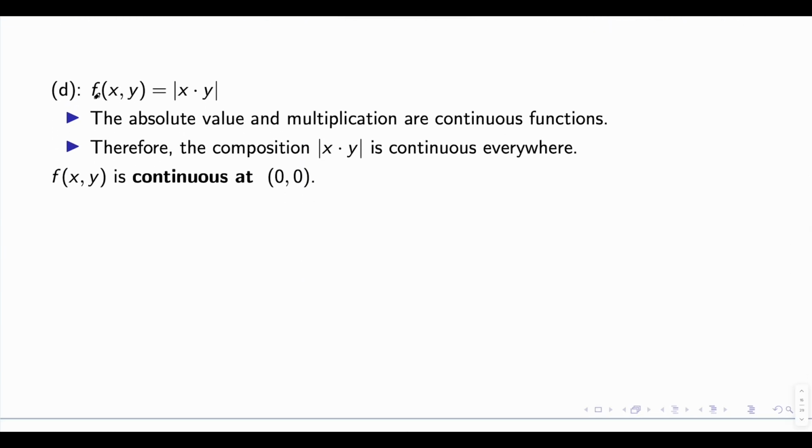Now if you see, f(x, y) is equal to the modulus of x y. Absolute value and multiplication are continuous functions. Therefore the composition, modulus of x into y, is also continuous everywhere.